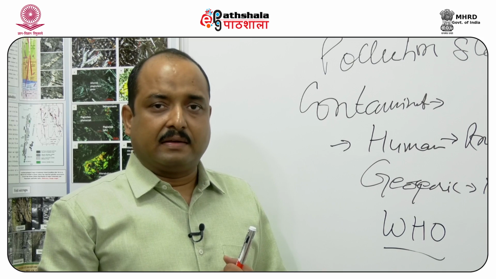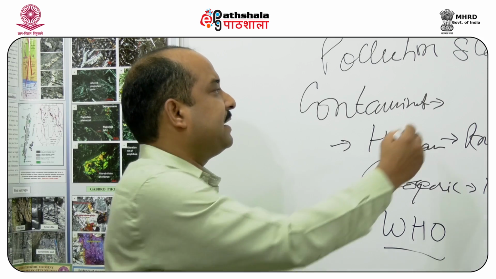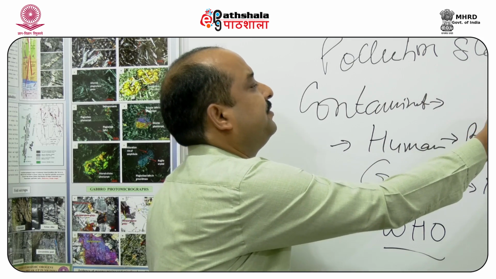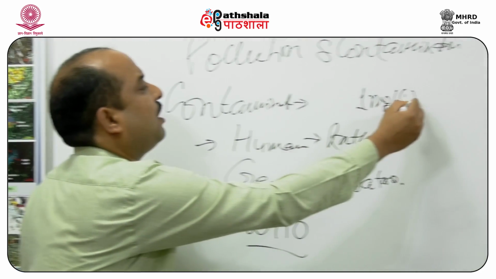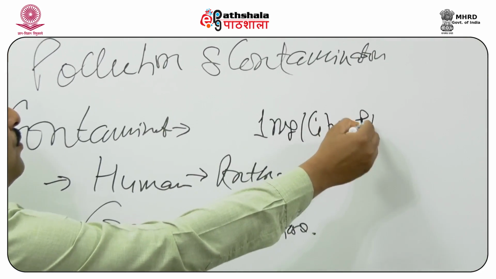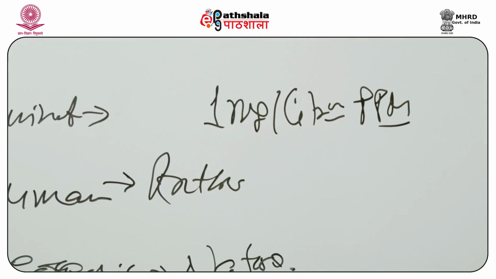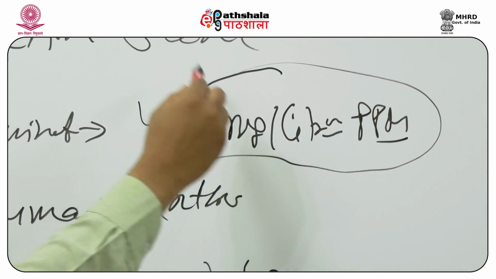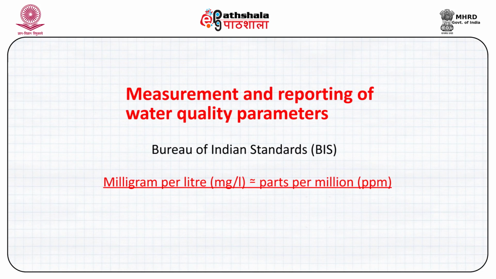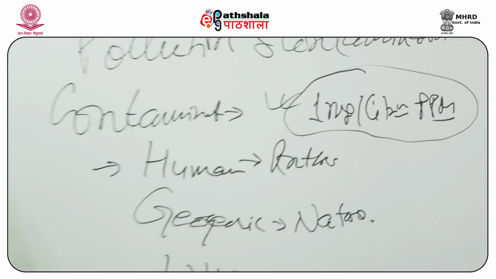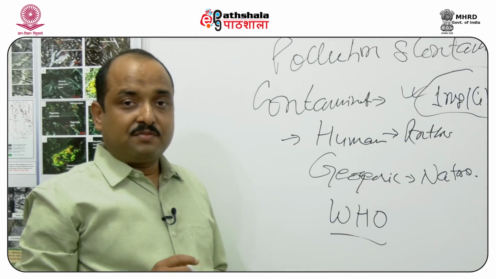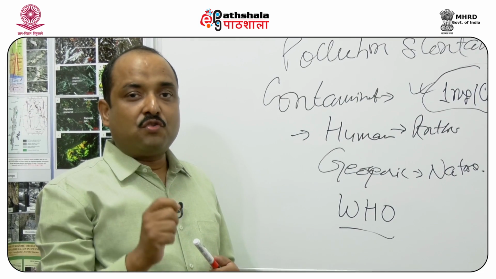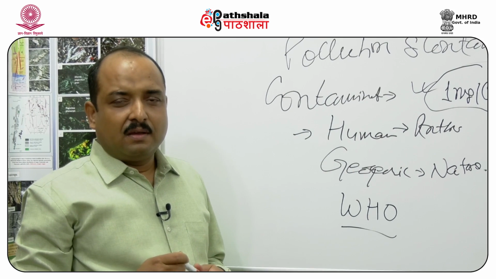Now, we must be aware that 1 milligram per liter is approximately equal to 1 ppm. Now that's an approximate relationship. We must keep in mind, it's not the sensu stricto true relationship.